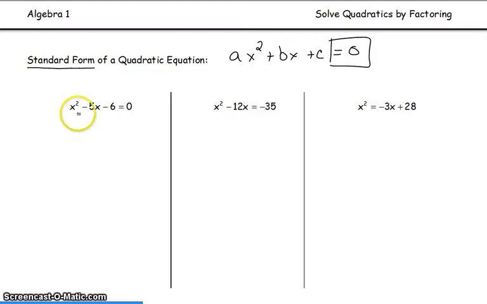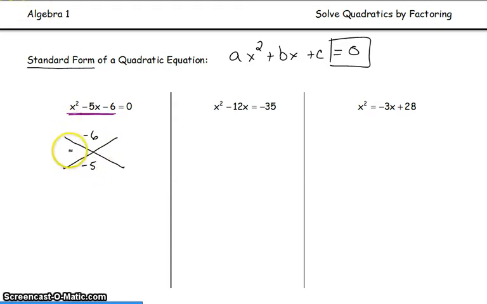In our first example, it already is equal to 0. So what I'm going to do is focus on the expression on the left side of my equation, and I want to factor that expression. So just like we were working on earlier, I put the negative 6 up top, the negative 5 underneath.